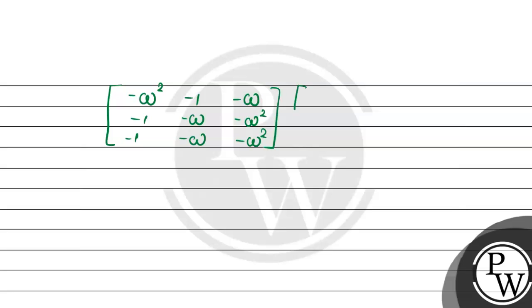Here our column matrix is 1, omega, omega square, right? So now multiply this matrix with this matrix.